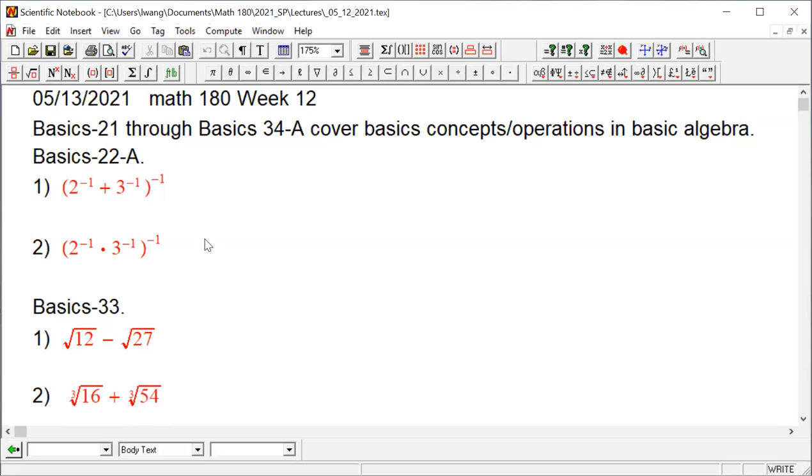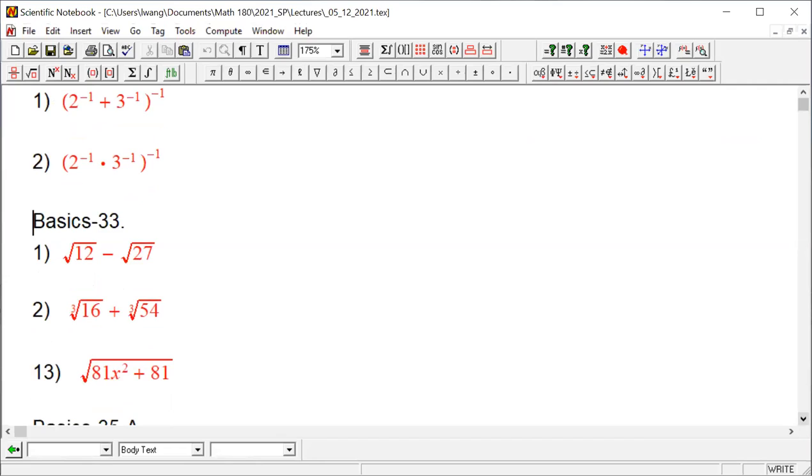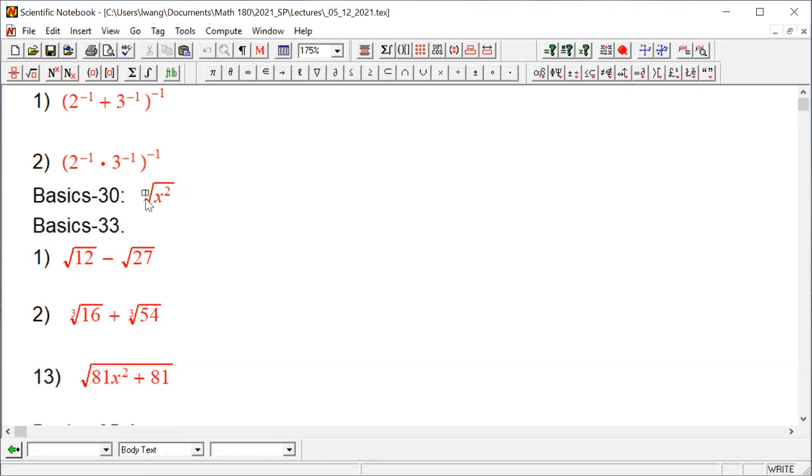Another exercise I'll pick up is from basic 30. Very basic, right? Very, very basic. So the absolute value of x squared equals the absolute value of x. Of course, we should know this by this time very well. And the cubic root of x raised to the power of 3 equals x.